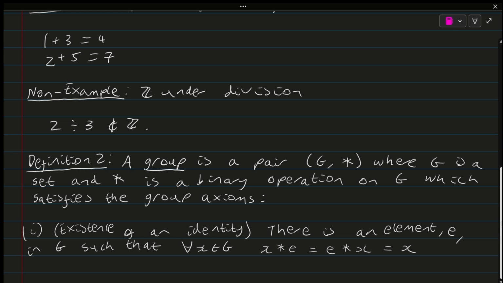So we can multiply by this identity element, which is how I'll refer to applying the operation star, and it doesn't change the element.